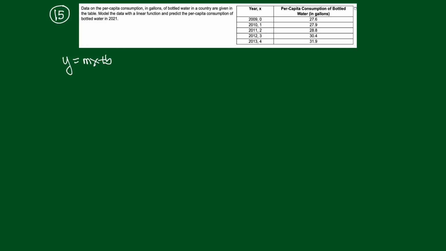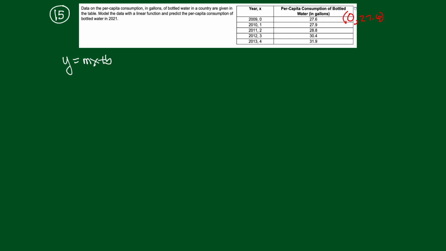Now because we're already told this is linear, I can write this. I'm going to write right up here in the very first row. And I have this ordered pair. At year 0, we have 27.6. So I'm going to write this as the ordered pair 0 and 27.6.